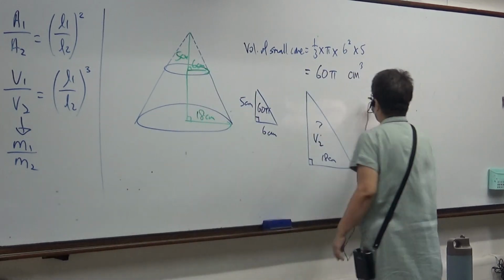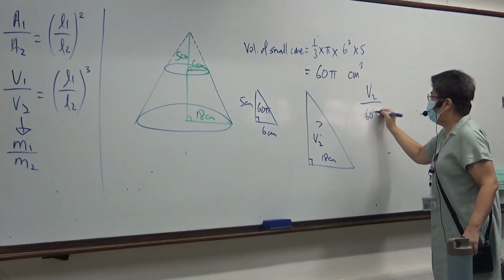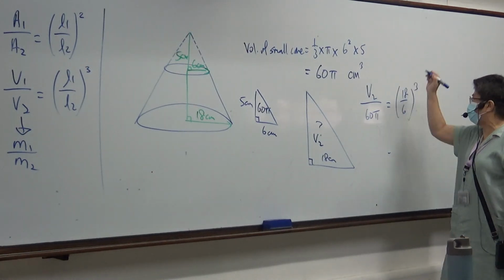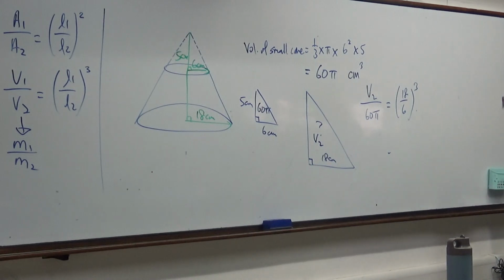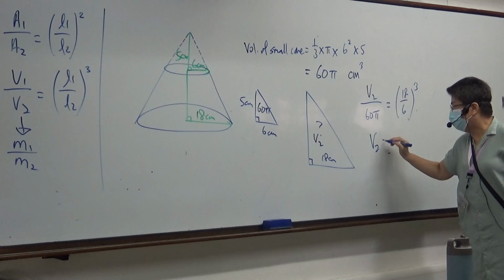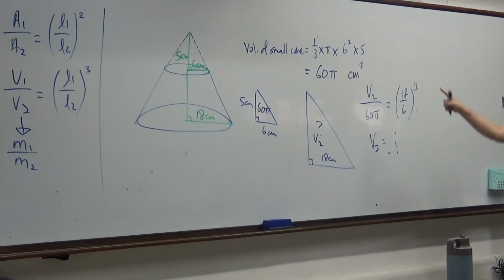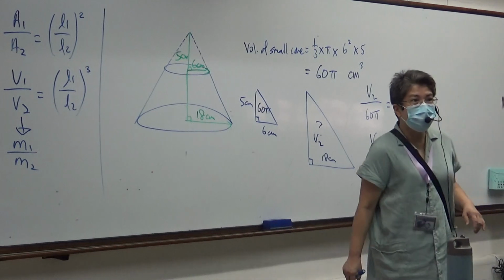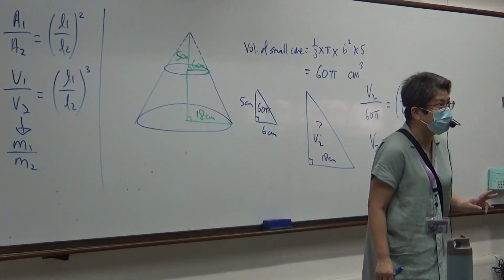So V2 over 60 pi must be 18 over 6 cubed, right? Then I can find out V2 also, correct? Then I just minus off 60 pi and get the frustum. Do you understand? I'm just providing you two ways of solving the same question. Everybody okay? Can understand what I'm talking about?